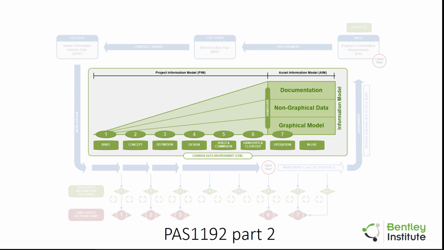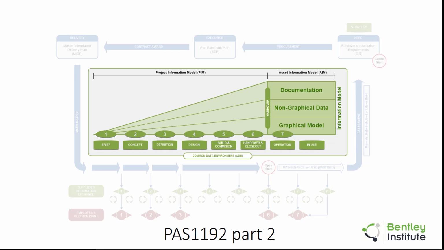At handover and closeout, where the wealth of information is richest, this package of information known as the PIM is handed over to the owner-operator of the asset, at which point it becomes the Asset Information Model. The AIM is essentially all the necessary information required by the owner-operator to maintain the functional output of the asset.